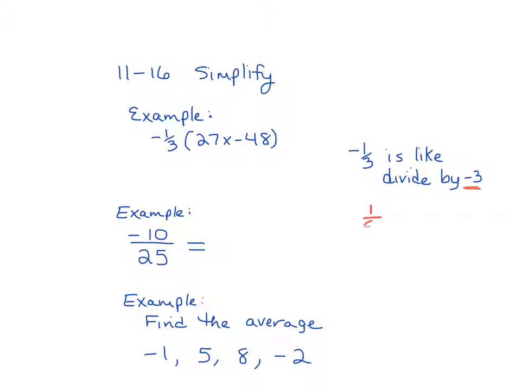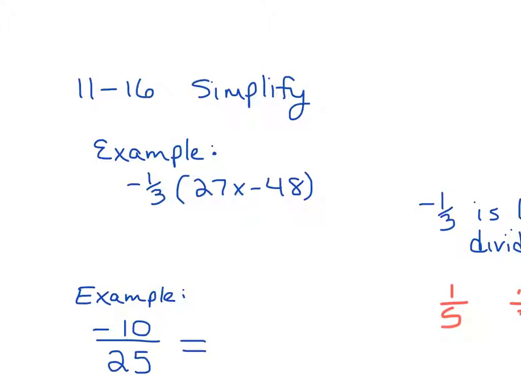If I were to multiply by 1/5, this would mean divide by 5. So a little shortcut to maybe speed things up. So here when I multiply by negative 1/3, it's like I'm dividing it by negative 3. So I get negative 9x. Then when I divide negative 48 by negative 3, I get positive 16.